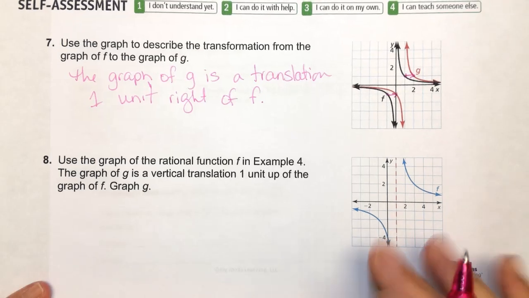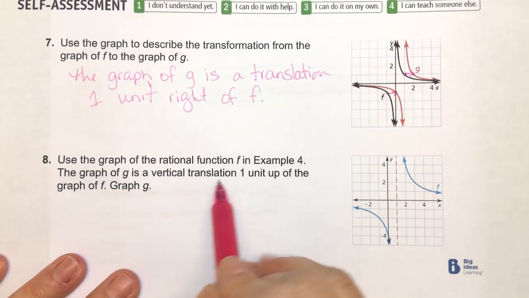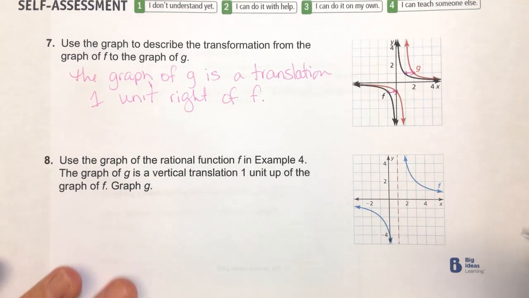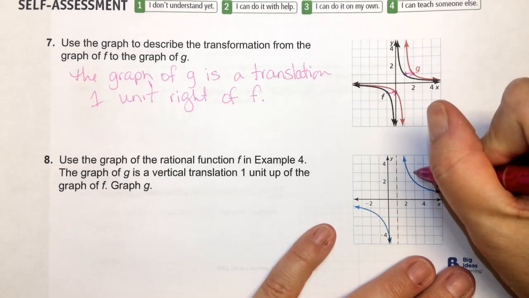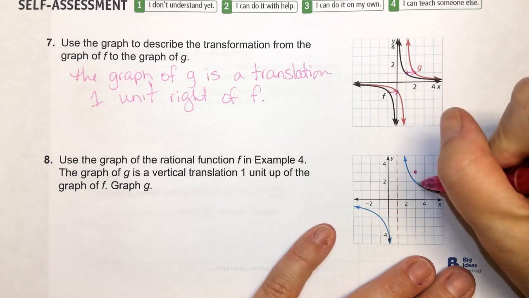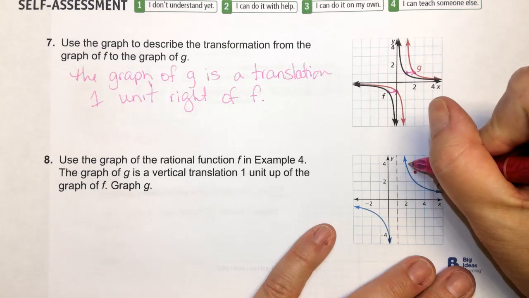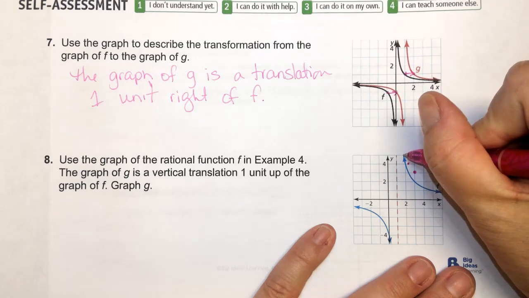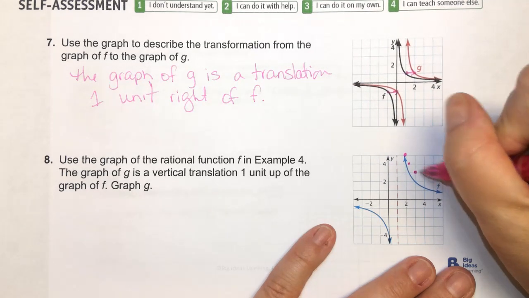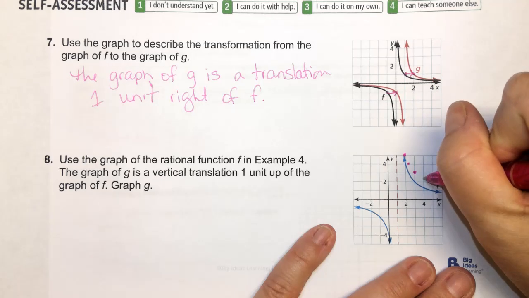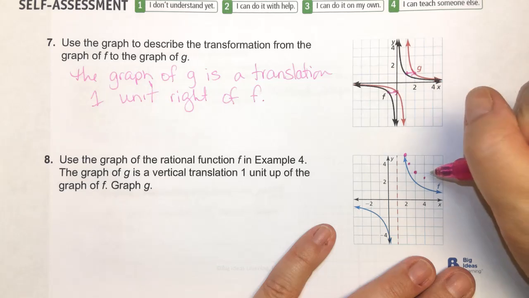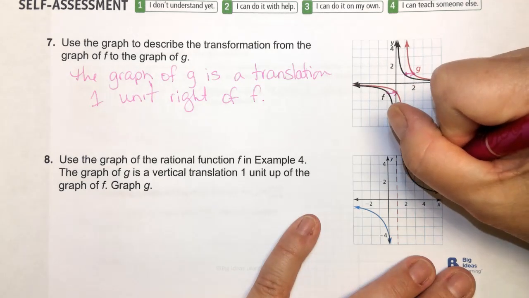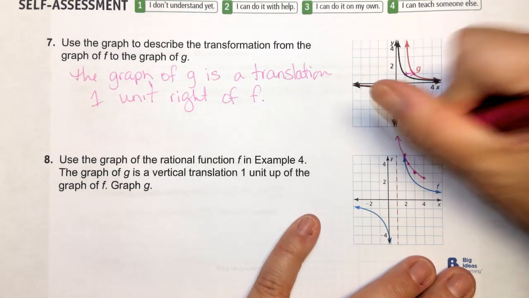All right, and so this one, they were just like, how would it change if you translated 1 unit up instead of 1 unit down? So if we were here, we would go up here, right? And then this would kind of move to here, this would kind of move to here. So these actually would cross. This would be about here, but these wouldn't. So this would actually end up crossing to show a vertical movement, because this would go up that way.